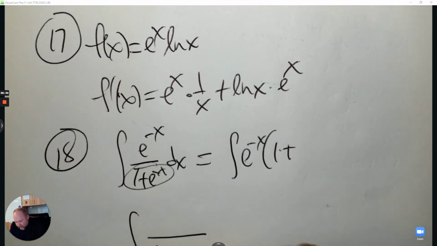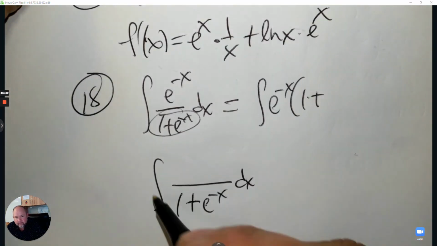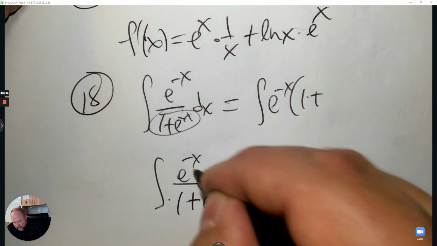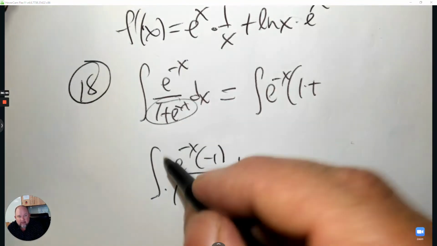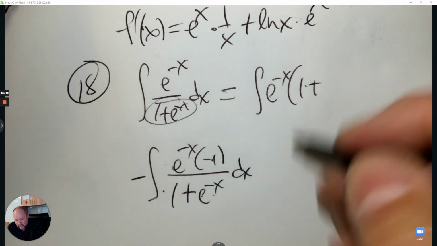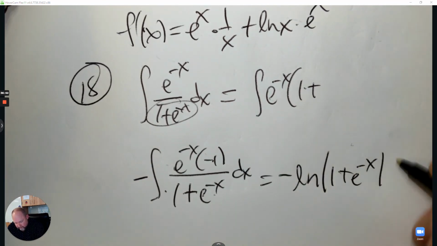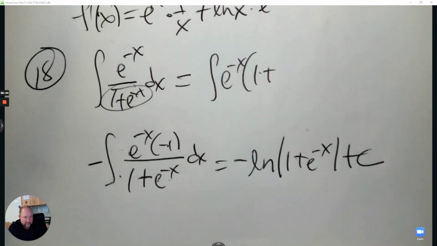The derivative of the denominator is 0, copy it, and then negative 1. Compare, it needs a negative in front, and now they match. So it's just a logarithm. And don't forget the candy bars when you do a logarithm.